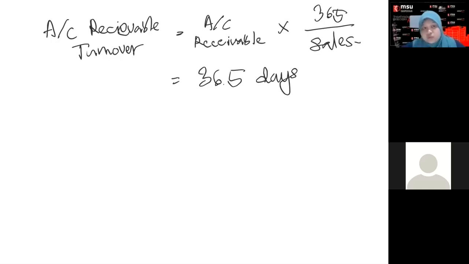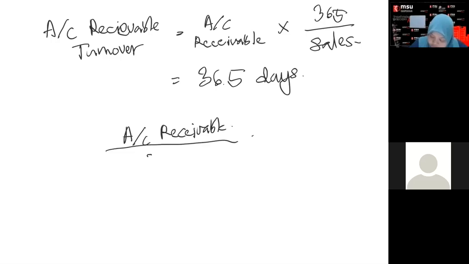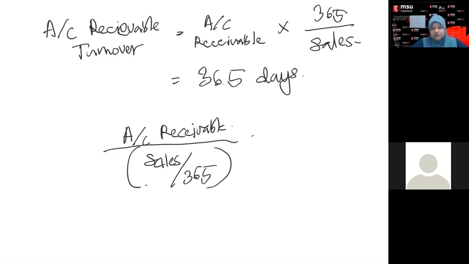I prefer to use this formula rather than accounts receivable divided by sales divided by 365. Actually, you also can use this formula. But me, myself, I prefer this formula.